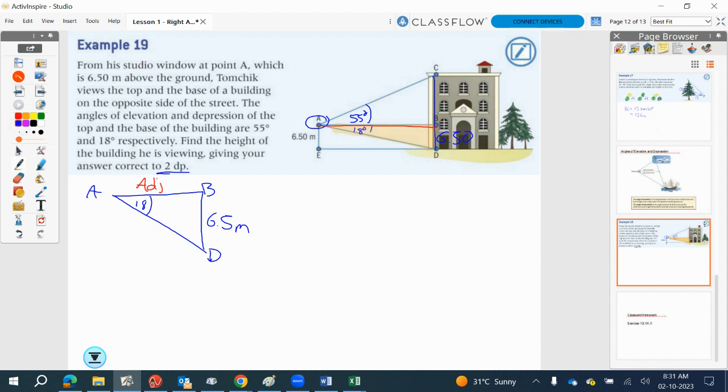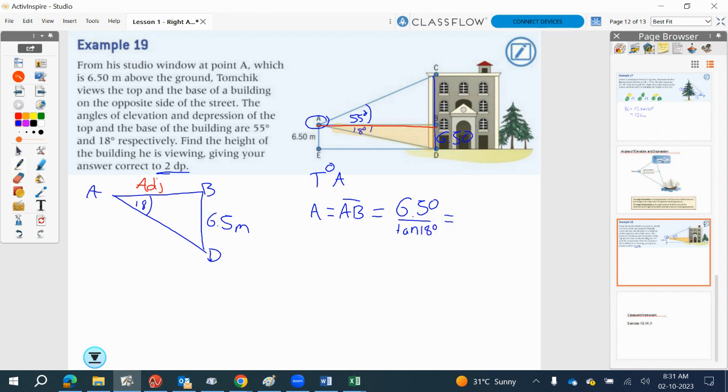So let's start off with this one. We have an opposite and we have an adjacent, so we want the TOA. We're after the adjacent. So the adjacent, which is line segment AB, is equal to the opposite, 6.50, divided by the tangent of the angle, which is 18.